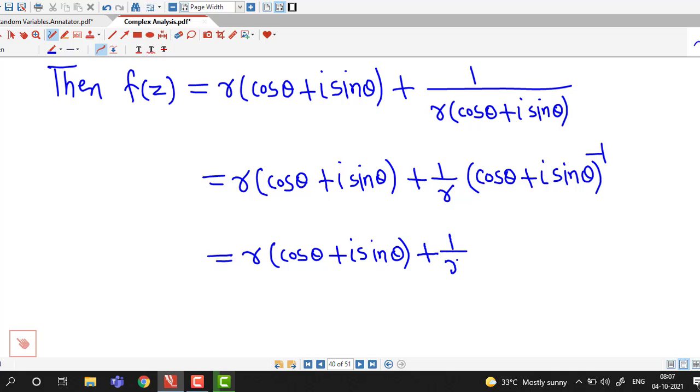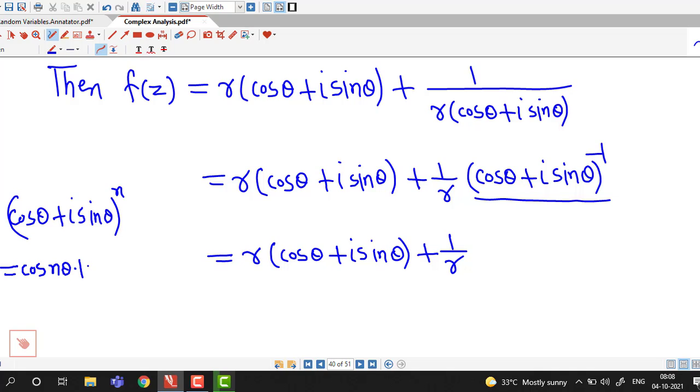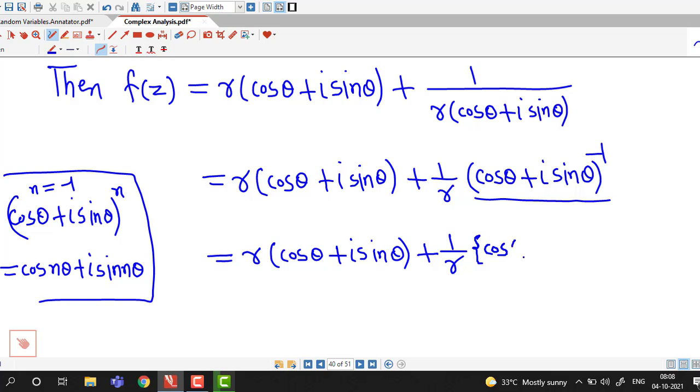Now this I keep as it is, r into (cos theta plus i sin theta), and here I apply de Moivre's formula. We know that de Moivre's formula is (cos theta plus i sin theta) to the power n equal to cos n theta plus i sin n theta. So here we apply this formula by taking n equal to minus 1. So we have cosine of minus theta plus i sin of minus theta.